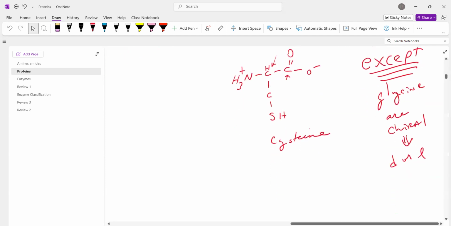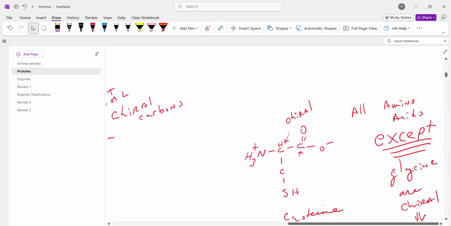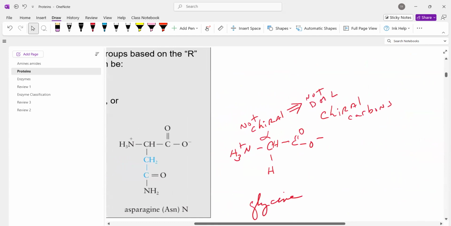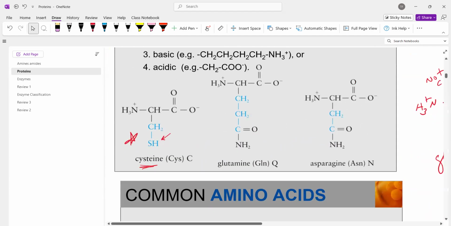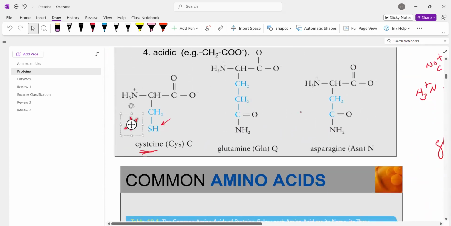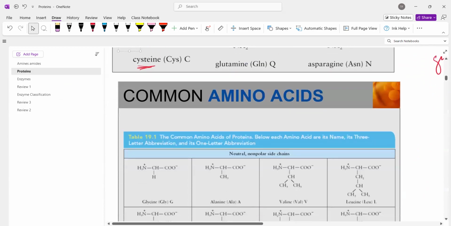Now, all natural amino acids are L. And remember, in carbs, the monosaccharides were either D or L. Most of them were D. Amino acids, they're L. Except for glycine, which doesn't have a chiral carbon in it, so it can't be D or L. And again, this particular amino acid, cysteine, is susceptible to permanent bonding with heavy metals.